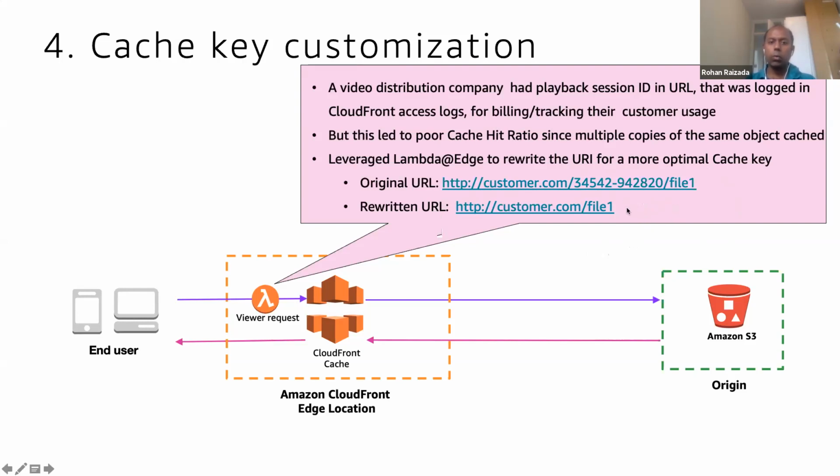As a result, there was just one file, in this case file 1, cached instead of multiple such files cached for the same content. So this also allows you to do cache key customization if you are getting a poor cache hit ratio, as was the case with this use case.